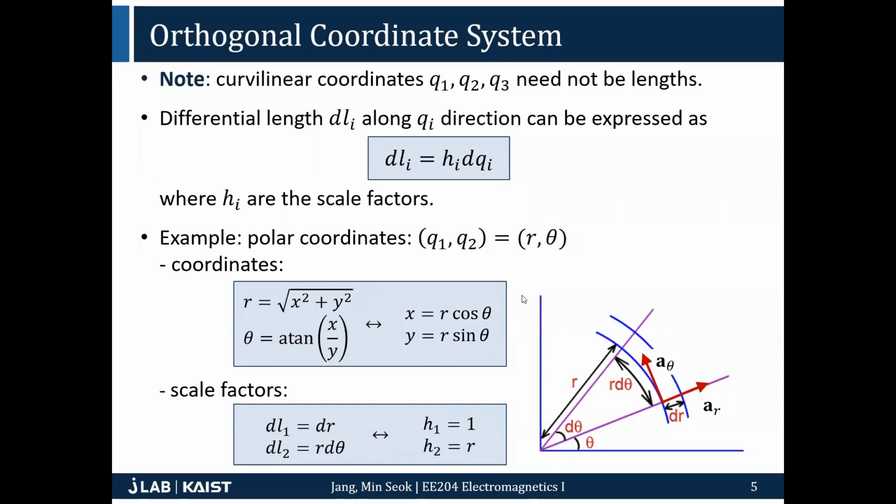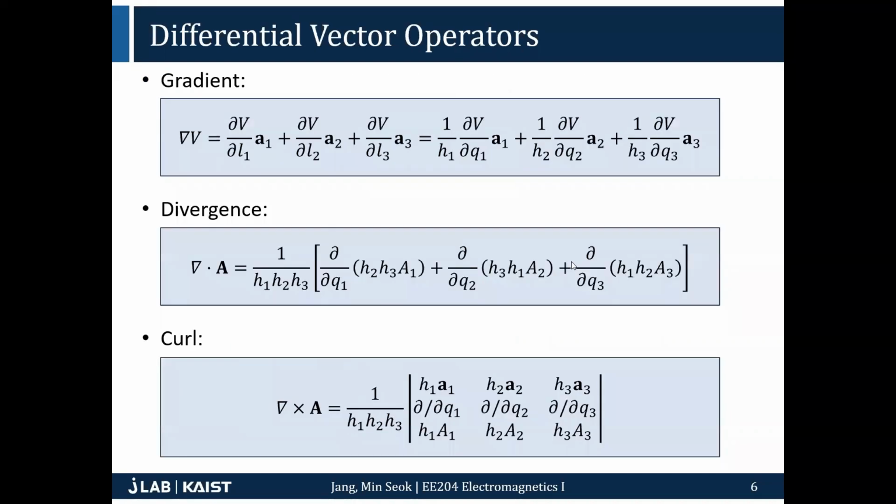So now you know this background. Let's revisit differential operators. Okay, so differential operators are more generally written like this. So the gradient is dV/dl1, dV/dl2, dV/dl3, and again l is the infinitesimal length element along the coordinate axis.